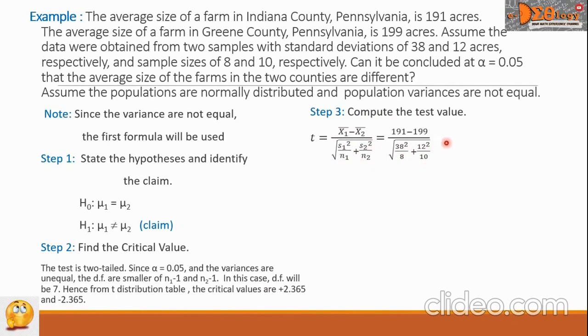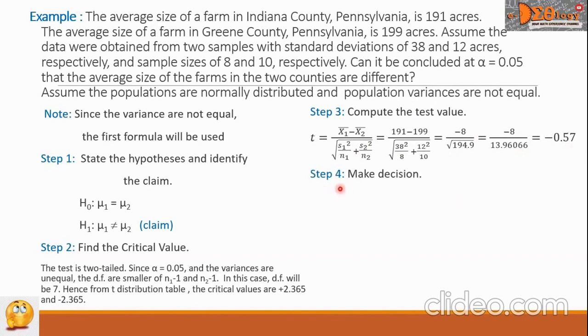Simplifying the numerator and denominator respectively, we have here now negative 8 all over the square root of 194.9. When we get the value of the denominator, we will have 13.96066. And the fraction will give us the final answer as negative 0.57.